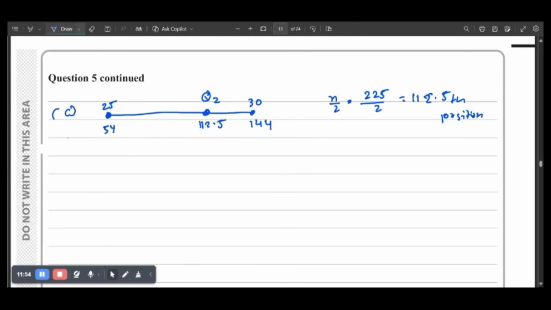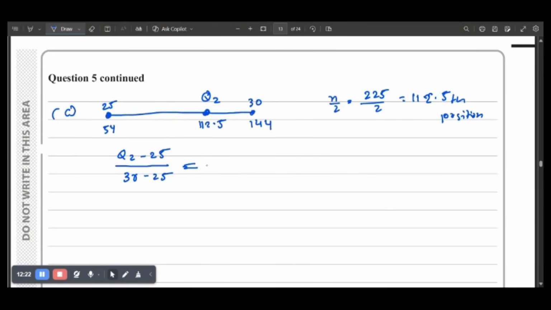So now we can use the ratio. We write the ratio of Q2 minus 25 divided by 30 minus 25.